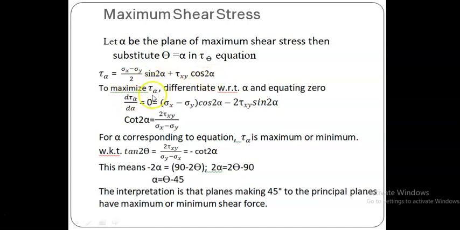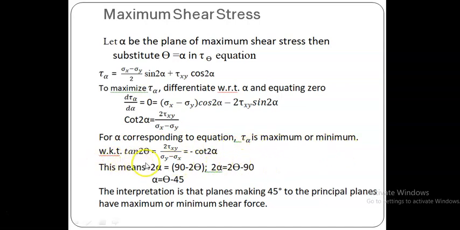Now to maximize tau alpha, differentiate with respect to alpha and equate to 0. Here we have cot 2 alpha equal to 2 tau xy over sigma x minus sigma y, for which tau alpha is maximum or minimum.